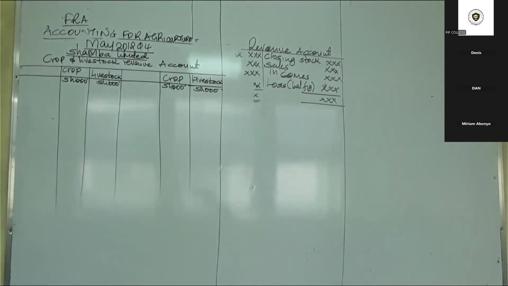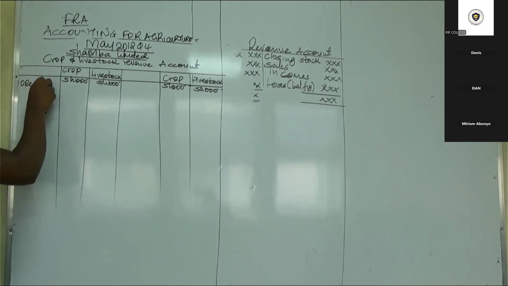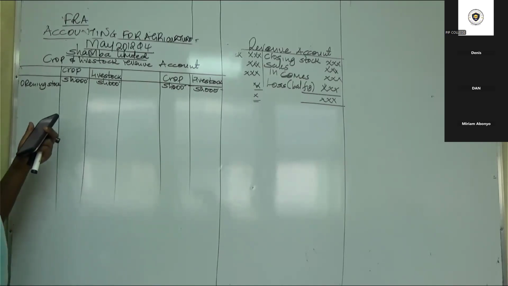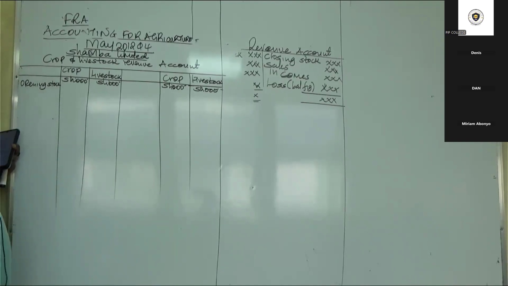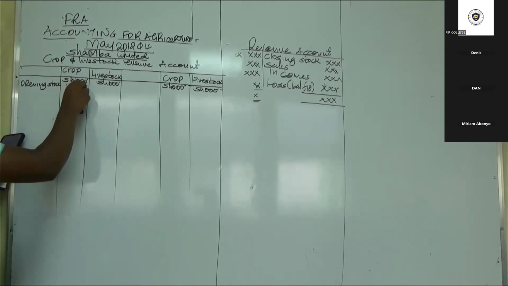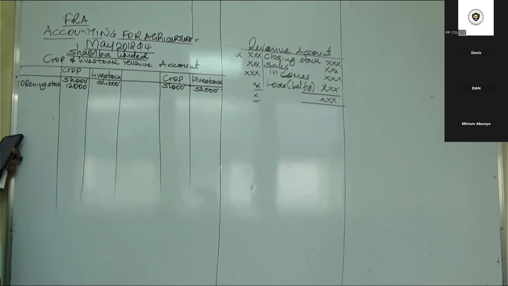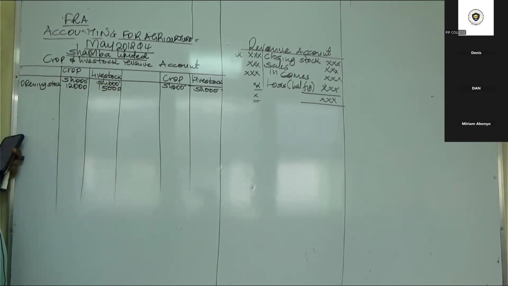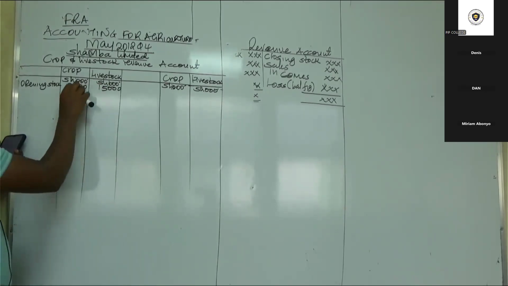First thing, we begin with the opening stock, or inventories. Now, what was the opening stock for crops? We were given on the trial balance, for growing crops, 12,000. That is under crops. Given also for livestock, 15,000. The other one is livestock feeds, 36.